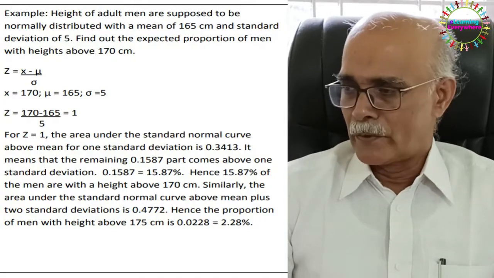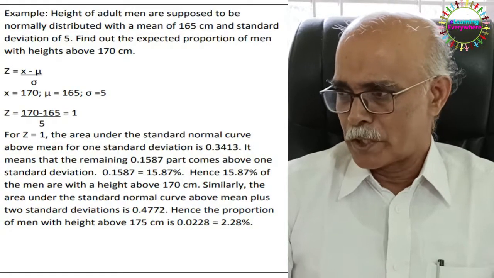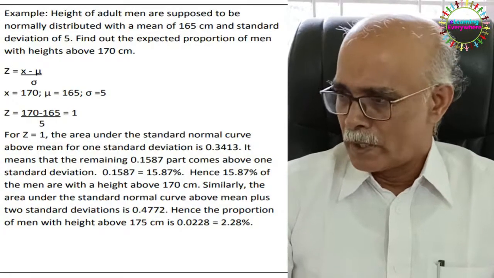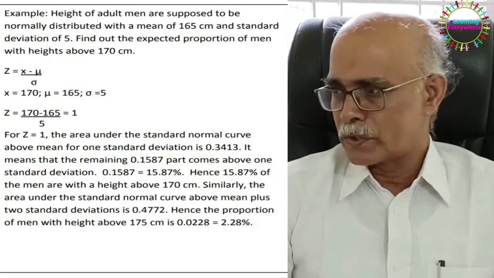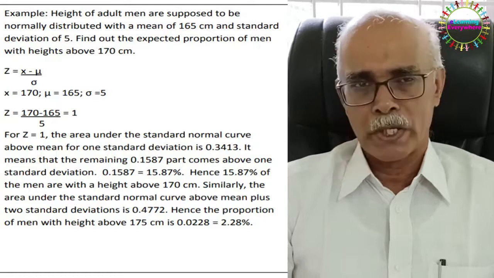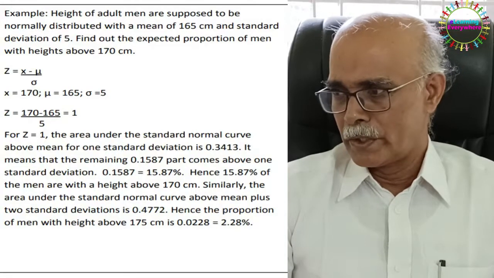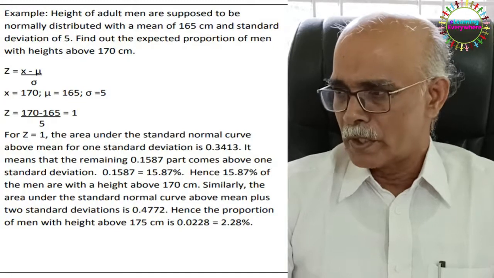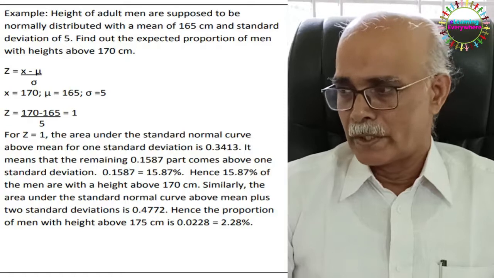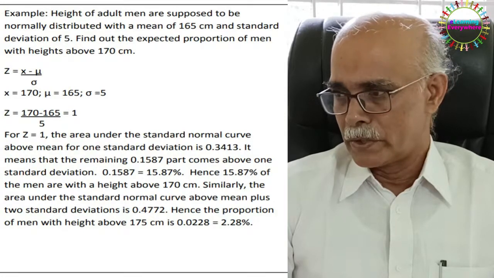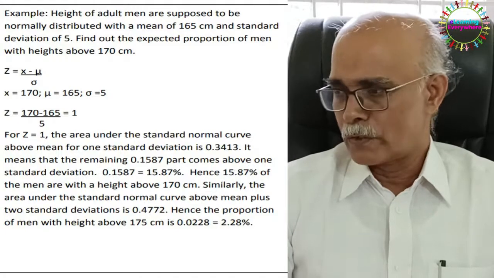Here x is 170, mu is the mean, it is 165, and sigma is the standard deviation, it is 5. So substituting in the formula for z, you get z is equal to 170 minus 165 divided by 5, it is equal to 1.